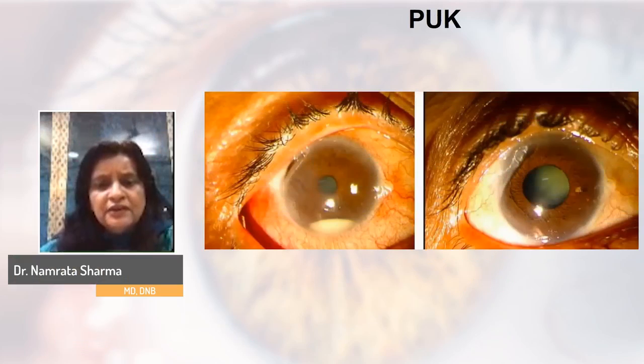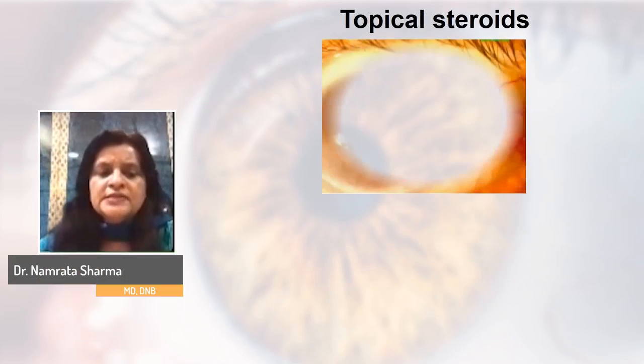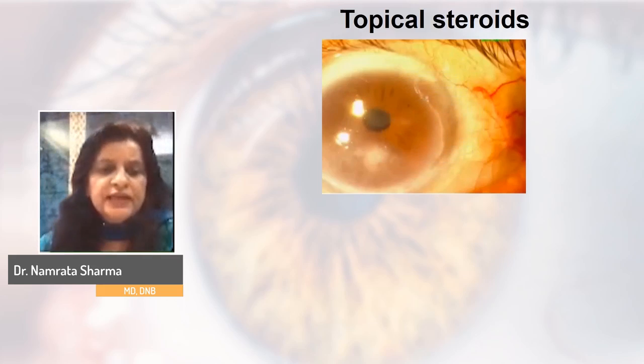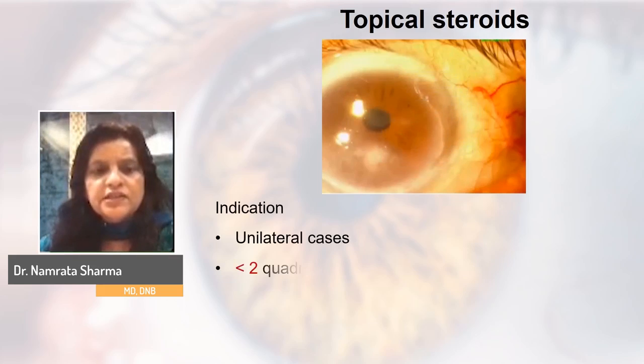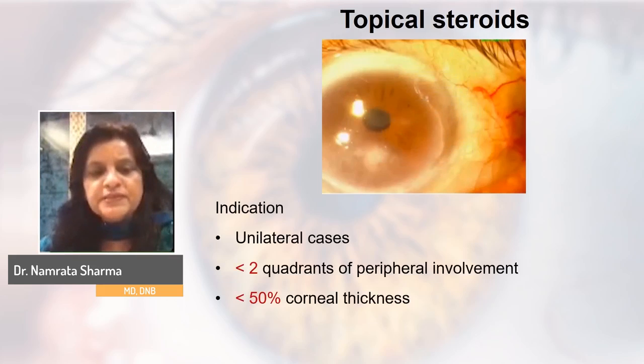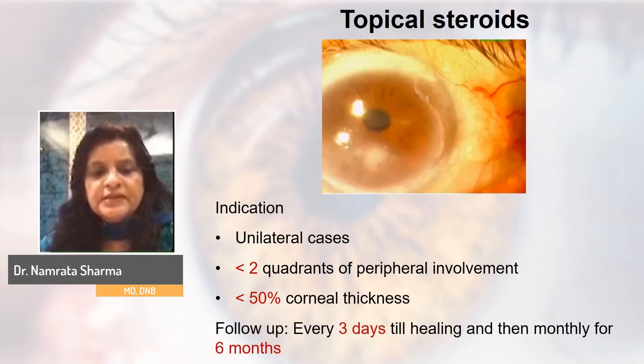Sometimes you can have PUK due to immunological mechanisms such as this, which after therapy has healed. So there's a step ladder, a wonderful article from the LVPI group, which has given a step ladder pattern to manage the PUK. So in unilateral cases, less than 2 quadrants involvement, less than 50% thickness, one can give topical steroids and follow up these cases until healing occurs.